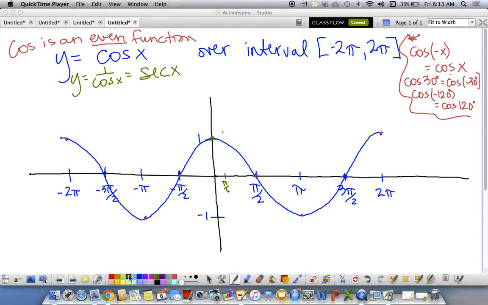Can we go ahead and say, what's negative 30 degrees? What's cosine of negative 30 degrees? Do we get the same exact output? Or we get the same exact reciprocal?